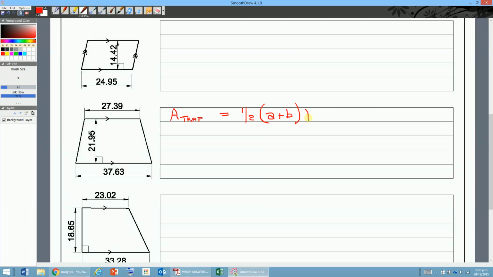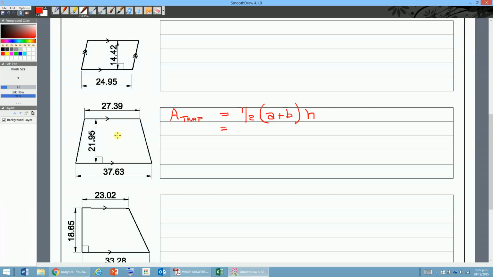You'll notice that I'm not showing the times, that's inferred in the way that we write this in terms of the rules of algebra. So it's half times A plus B times H, half the sum of the parallel sides times the distance between them.